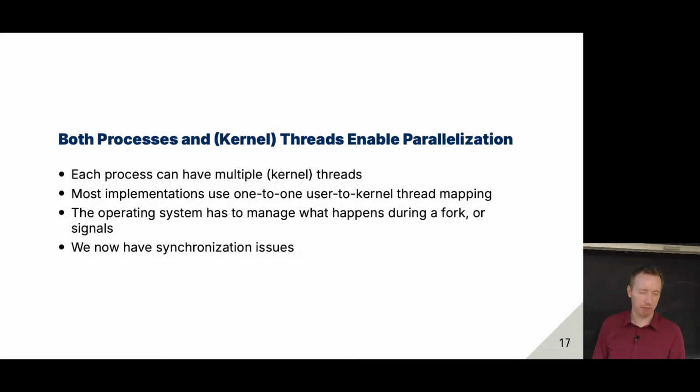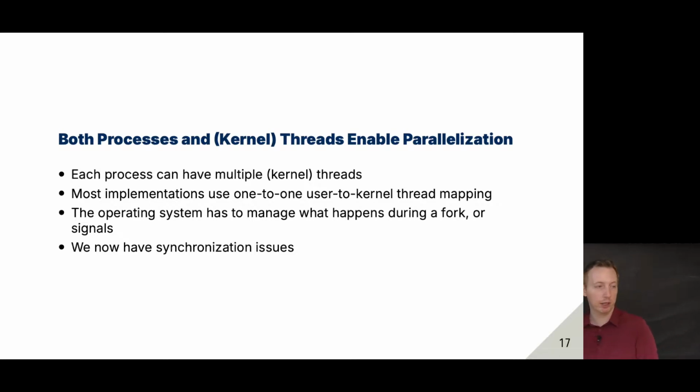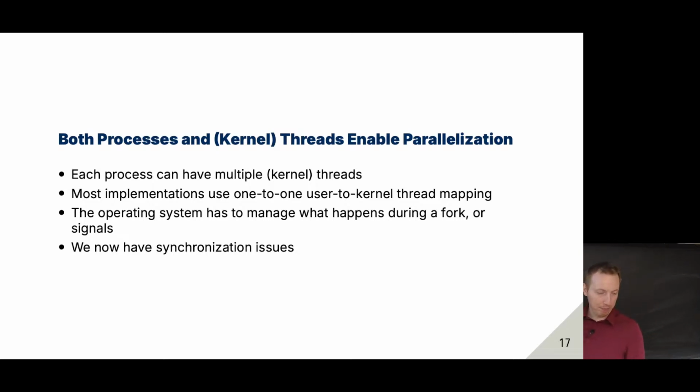If we have multiple threads and we fork, the new process that gets created only has a single thread, and that single thread is a copy of whatever just called fork. And for signals, if you have multiple threads and you send a signal to it, a random thread gets to deal with the signal. So that was fun. And the pthread implementation was one-to-one.